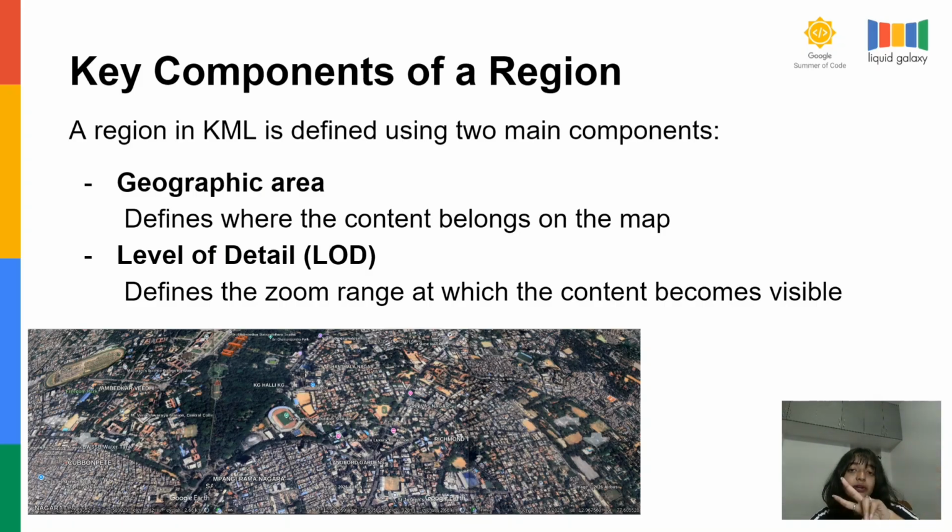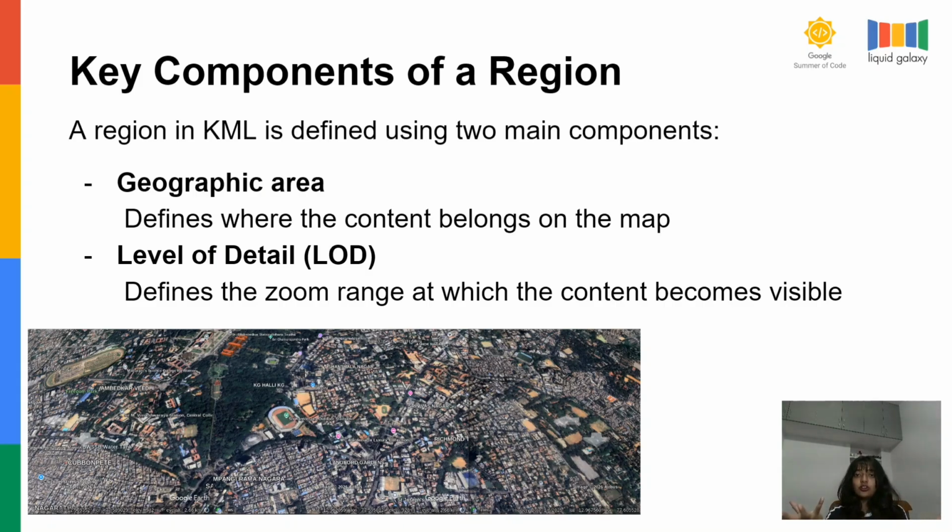The second component is level of detail, also known as LOD. LOD defines when the content should appear based on the zoom level. It specifies a minimum zoom level and a maximum zoom level. Only when the camera zoom falls within this range will the content become visible.